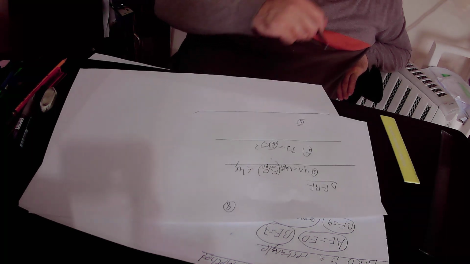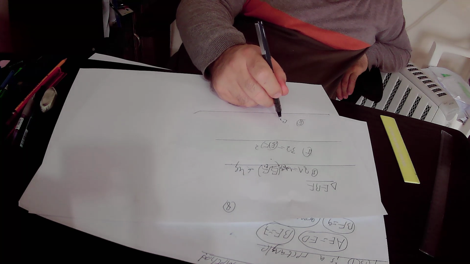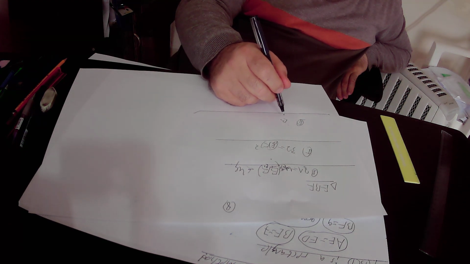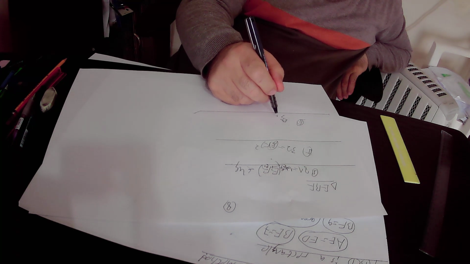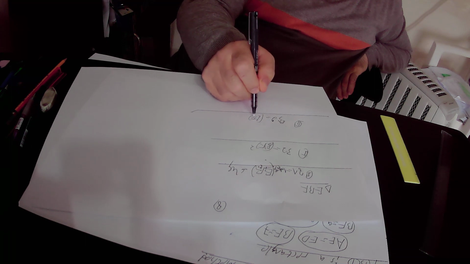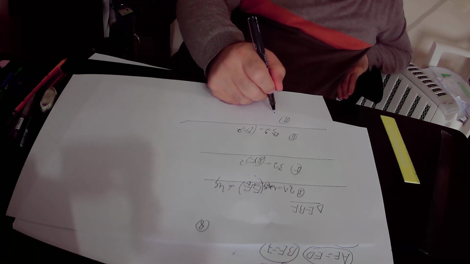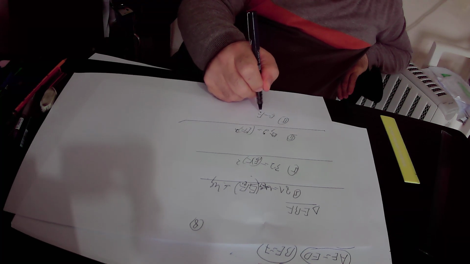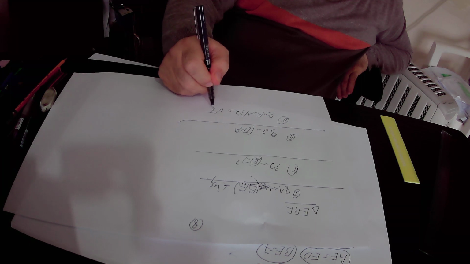So here we take a root out of this equation, and we get that EF equals the square root of 32, but we know that 32 is 16 times 2, so I write it down.